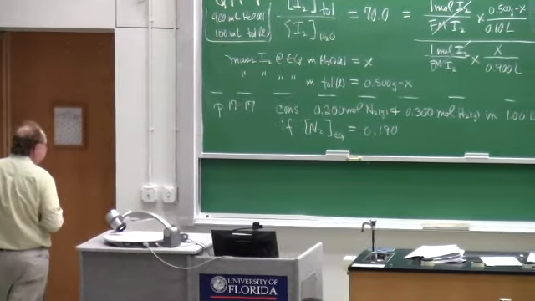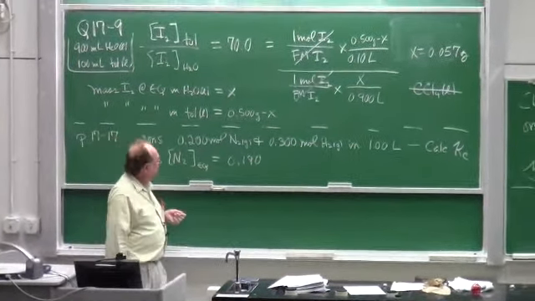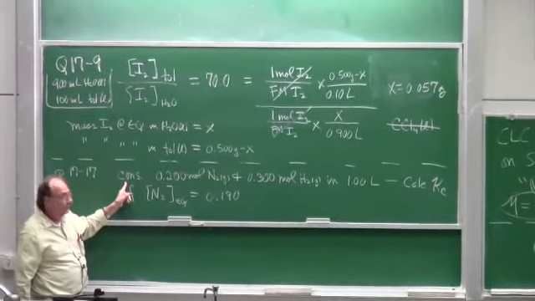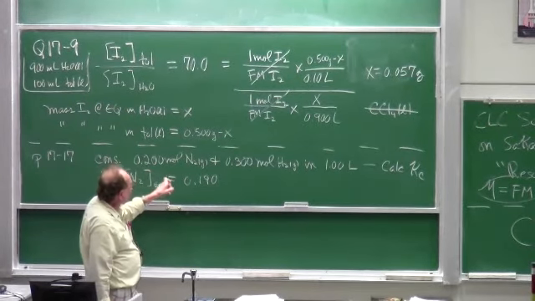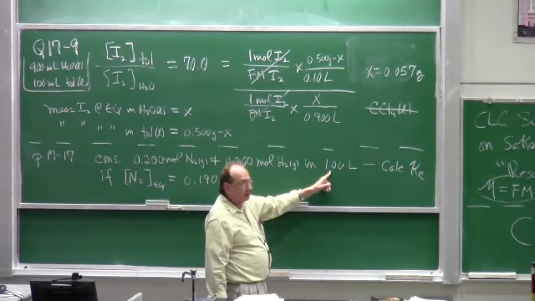On page 17, the notes tell you about making a mixture. This is my shorthand reference to consider 0.200 moles of nitrogen and 0.300 moles of hydrogen in a 1.00 liter flask.